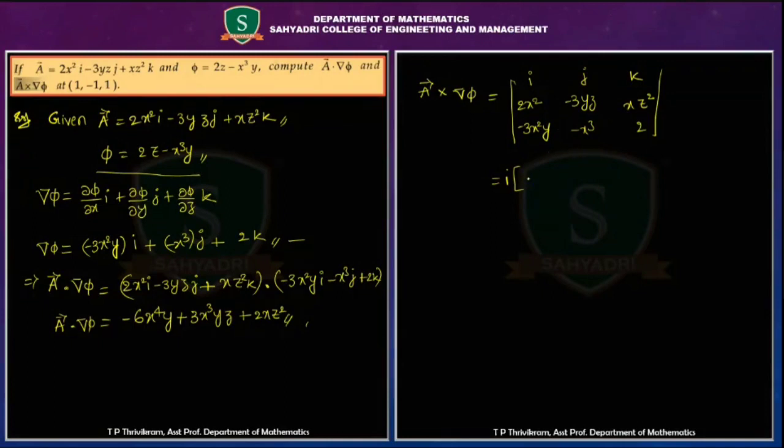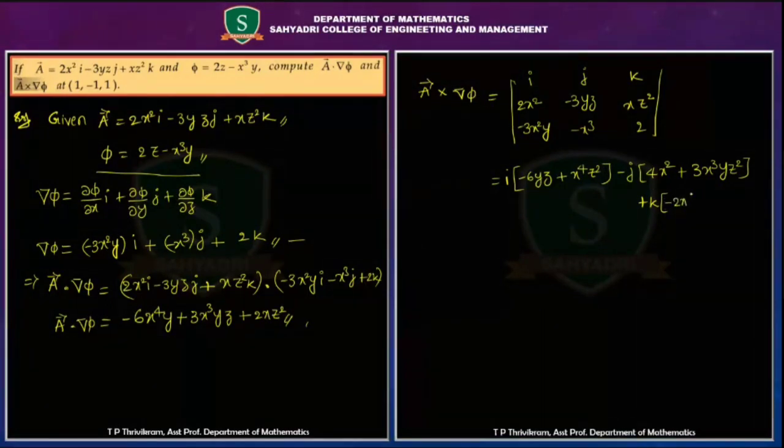For the first term I'll get i into minus 6yz plus x power 4 z², minus j into 4x² plus 3x³yz², plus k into minus 2x power 5 minus plus, minus 9x²y²z.